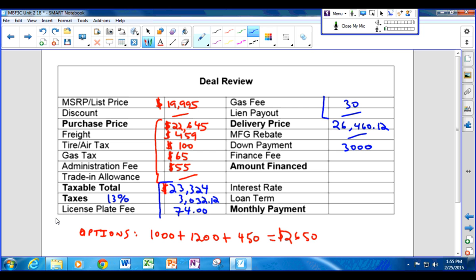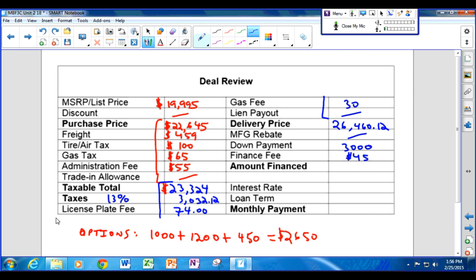So, all right, we'll get almost to the end here, and then we'll pick it up tomorrow. So the finance fee is going to be $45. Okay, and then the amount financed. Now let's watch this here, right? The amount financed is the delivery price minus any down payment. So the delivery price minus $3,000 plus the $45 finance fee should be $23,505.12, right?